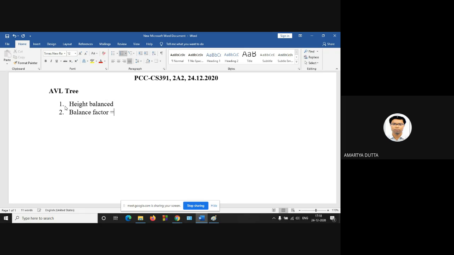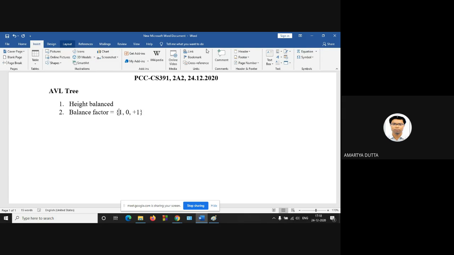The balance factor is either -1, 0, or +1.